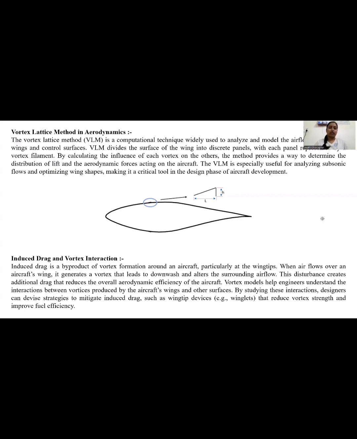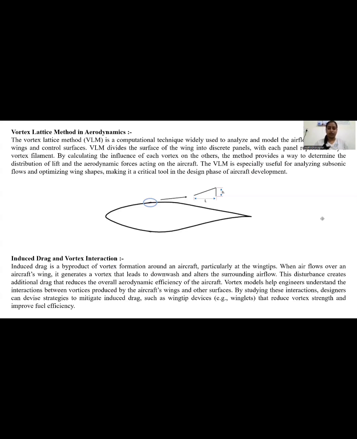Induced drag and vortex interaction. Induced drag is a byproduct of vortex formation around an aircraft, particularly at a wingtip. When airflow over an aircraft wing is generated, a vortex leads to downwash and alters the surrounding airflow. The disturbance creates additional drag that reduces the overall aerodynamic efficiency of the aircraft.